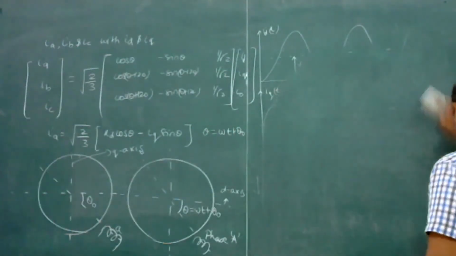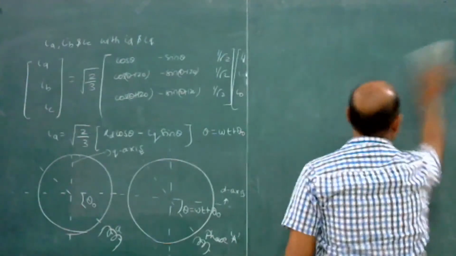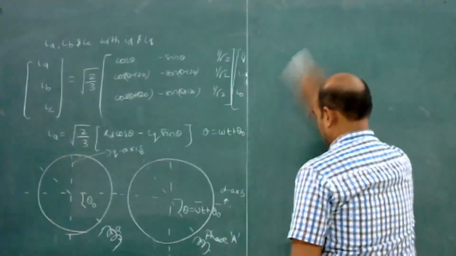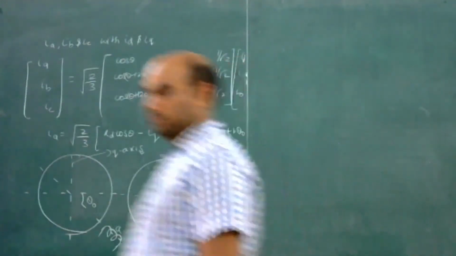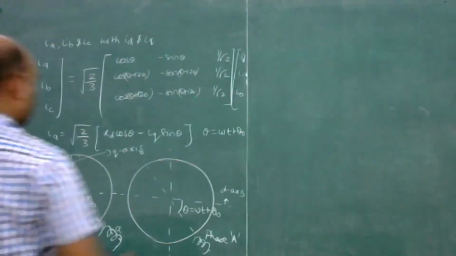So theta is increased by omega t. So phase A's axis is displaced by omega t plus theta naught at any time t.